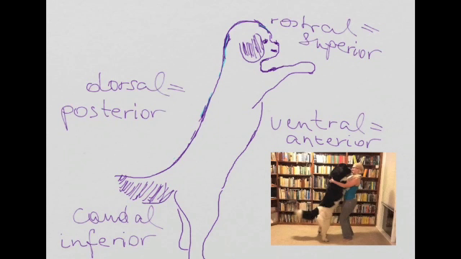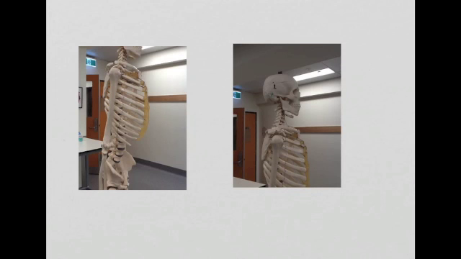Now, a standing up person, like us, having their vertebral column and the spinal cord in a vertical position, would have a similar description. The ventral closer to the belly, ventral, and in this case that would be the same as anterior.